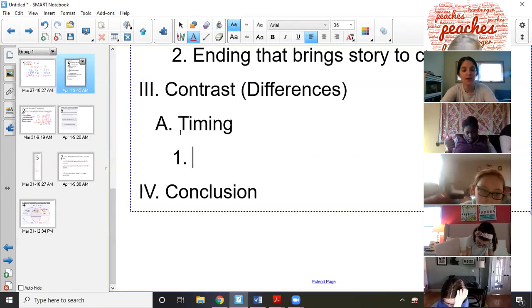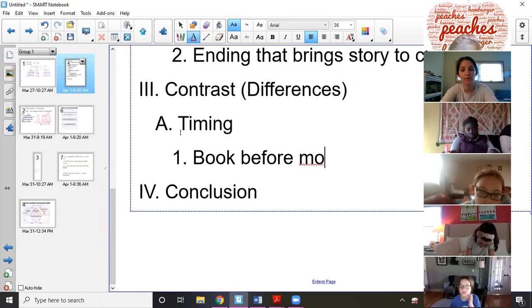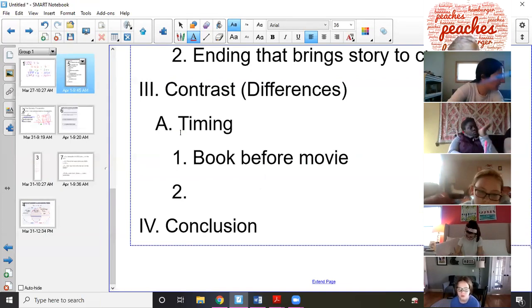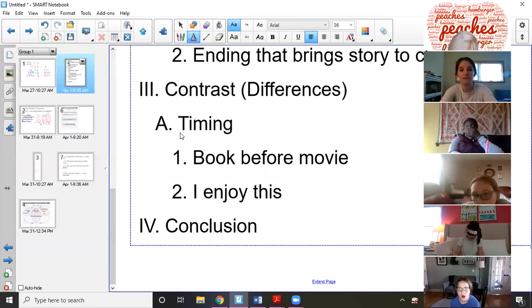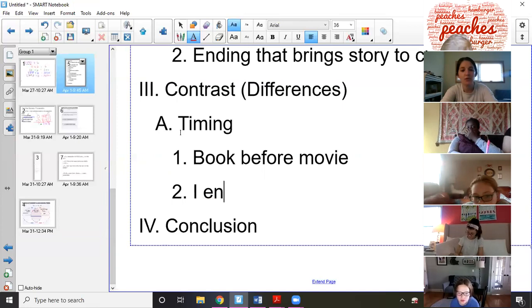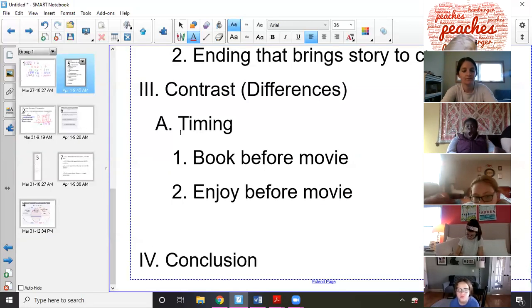And I could do book before movie. We could do, I enjoy this, like this person enjoys that more. Or you could say enjoy before movie. And you can put your opinion in this. Good. What's the next thing?